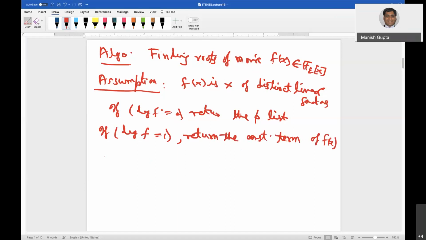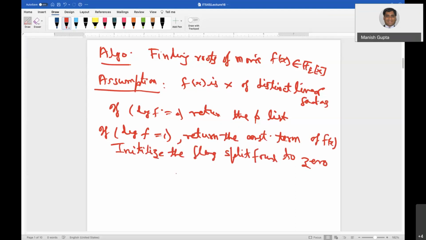Now initialize a flag, split found, to 0.